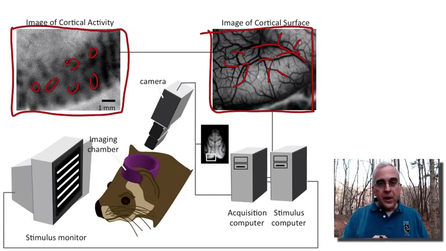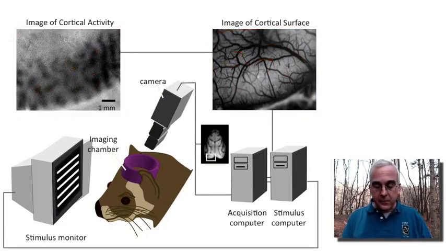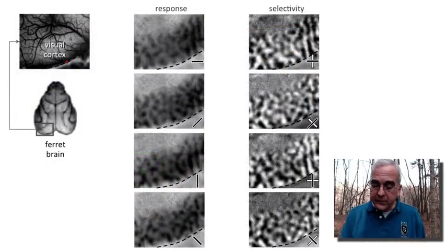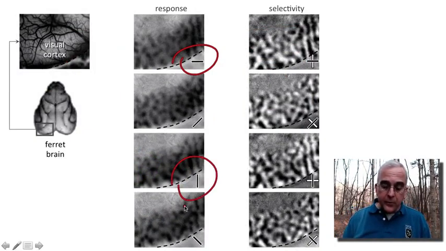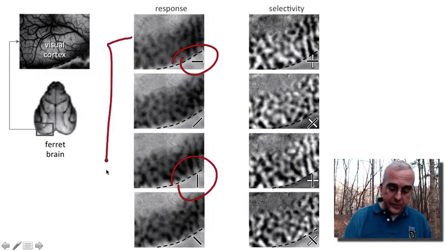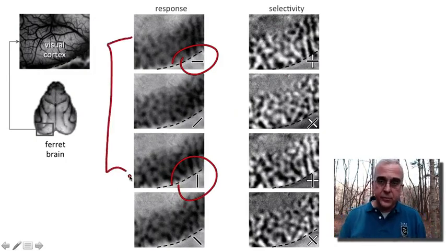And columns shift their preferences gradually from one location to the next, such that if we compared the responses, let's say, to a horizontal stimulus with those to, let's say, a vertical stimulus, what we would find is that the columns that are present in these two images precisely interdigitate.